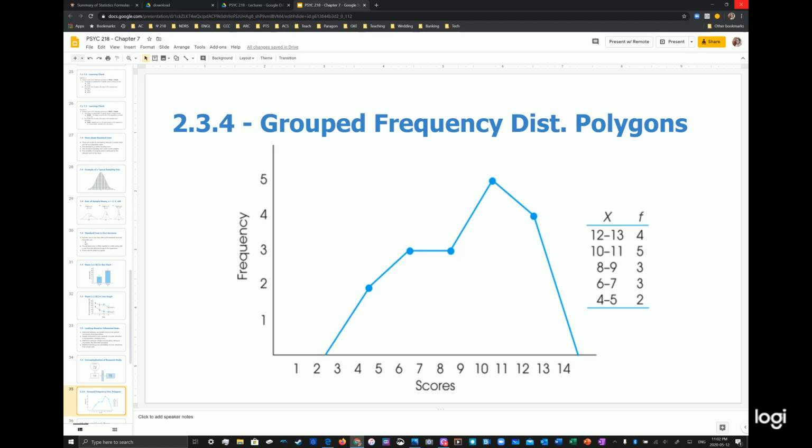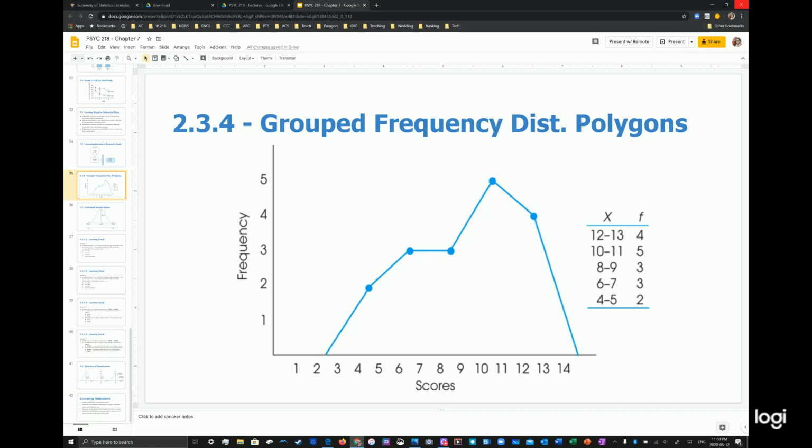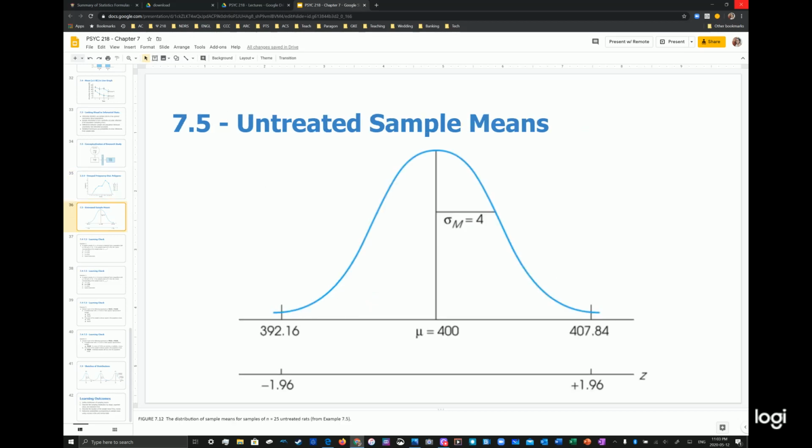Again, we'll be using skills we've already used, but the process itself is going to be covered in the next chapter. The sampling distribution can be used for anything, whether it's a group frequency distribution, or whether you're looking at untreated sample means and you compare it with treated sample means. What we're going to use in terms of hypothesis testing is going to be the application of this chapter, that is the sampling distribution of means.